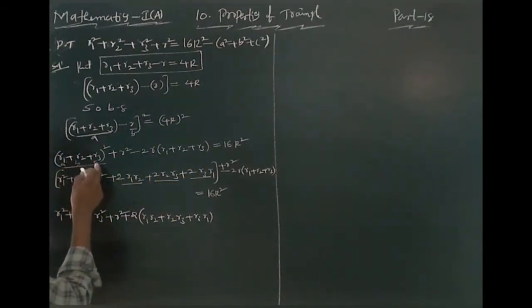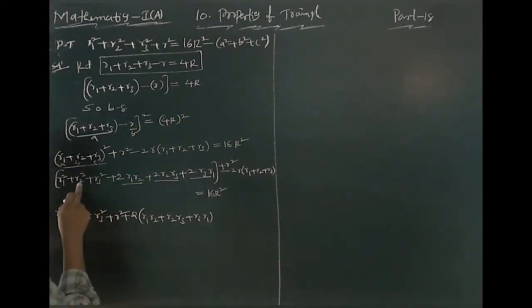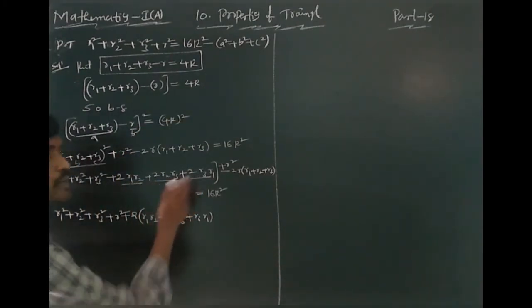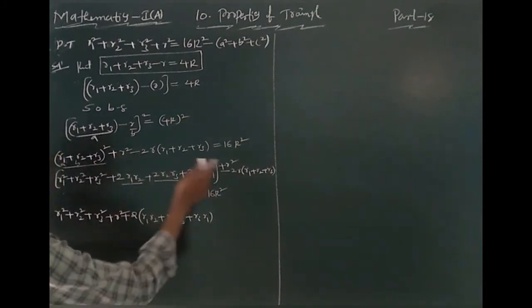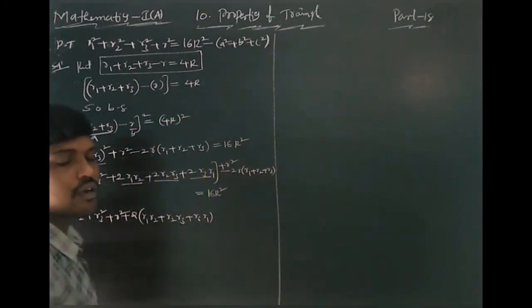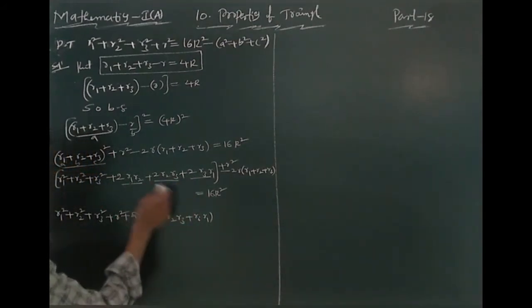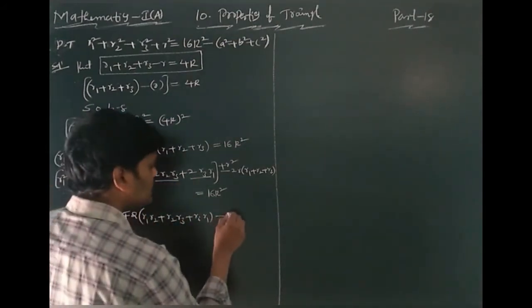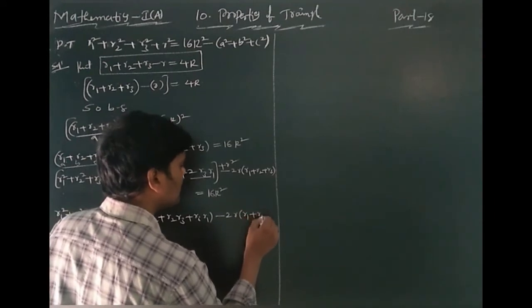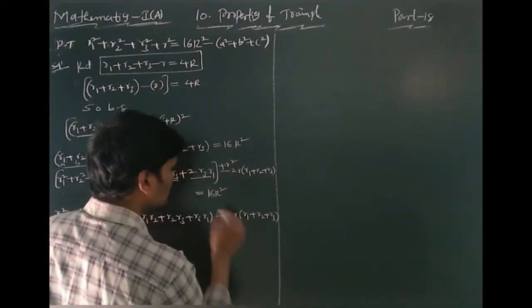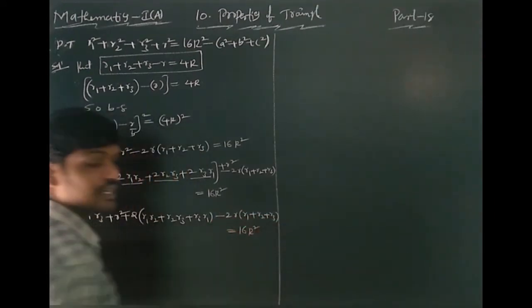Once again, this is (a + b + c) whole square: a square plus b square plus c square plus 2ab plus 2bc plus 2ca, plus r square, you can write minus 2r(r1 + r2 + r3) is equal to 16r square. Here, these three terms you can take common: minus 2r into (r1 + r2 + r3) is equal to 16r square.